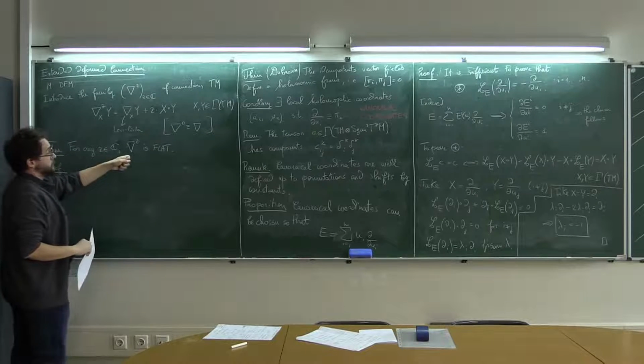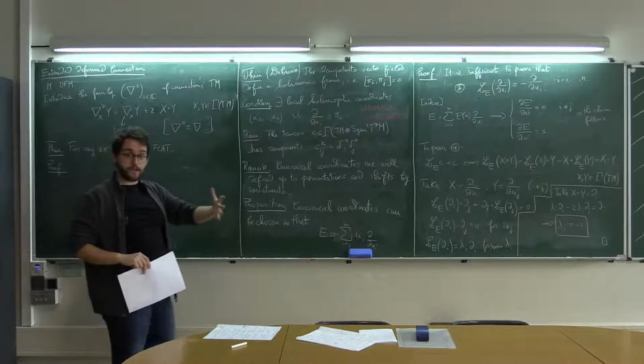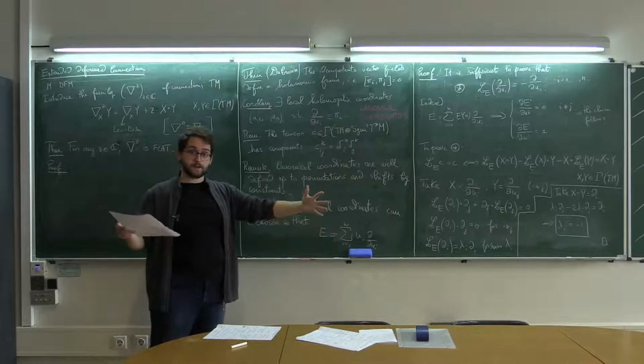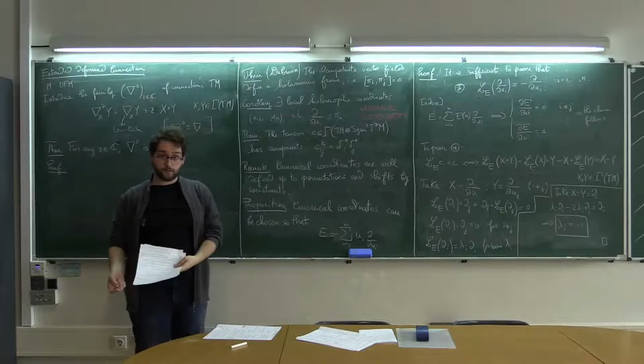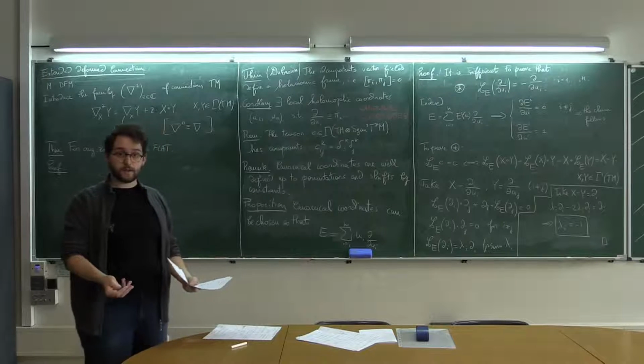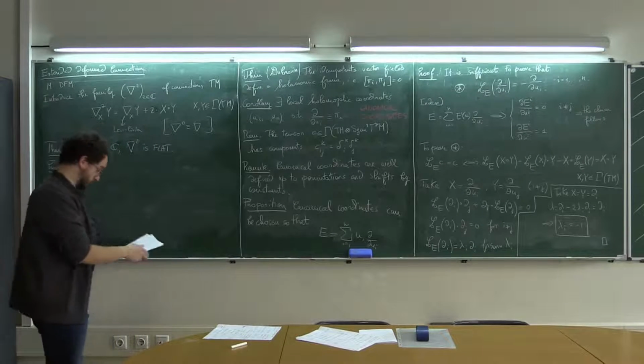Well, whenever we have a connection defined on the tangent bundle, such a connection obviously induces connections on all the tensor algebras of the tangent bundle. So in particular, we also have a connection on the cotangent bundle. And as usual in differential geometry, I will denote this connection by the same symbol, nabla z.